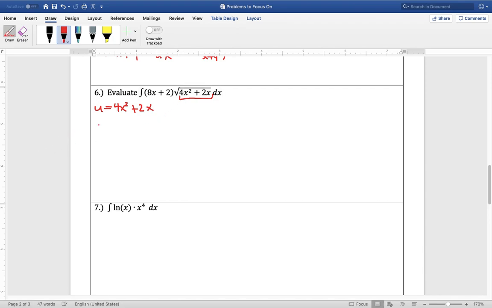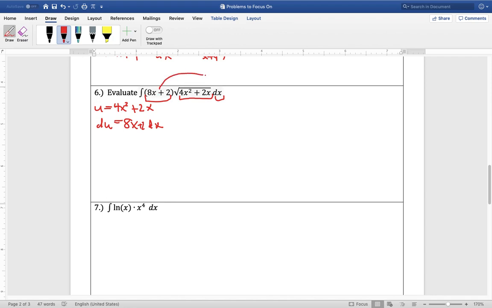The du is the derivative of this, which is 8x plus 2. And the 8x plus 2 is what we have here, and then there's a dx right here. So everything is covered.